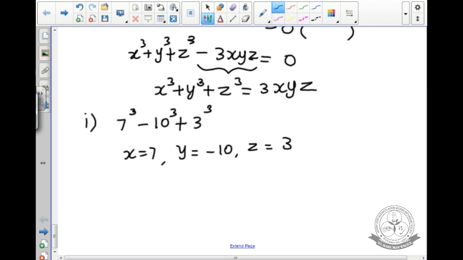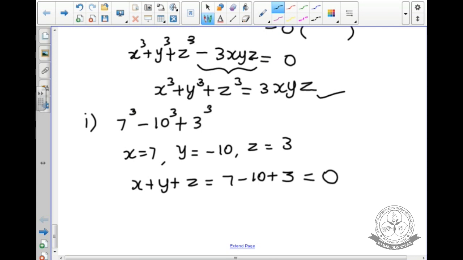If you add, x plus y plus z is equal to 7 minus 10 plus 3. 7 plus 3 is 10, 10 minus 10, you will get 0. So we can use this identity, because x plus y plus z is equal to 0 means we can use this condition.